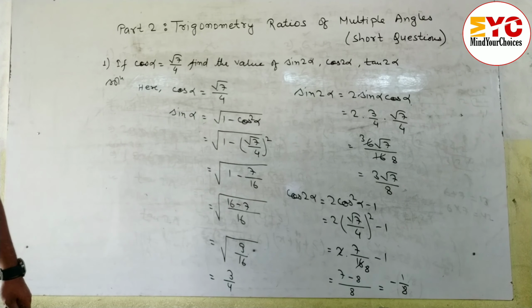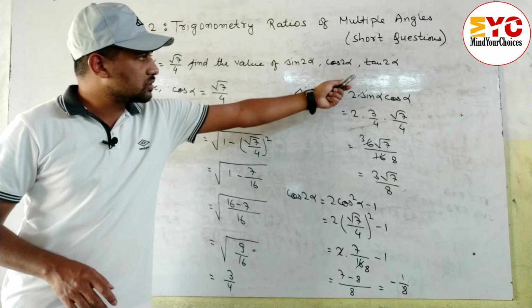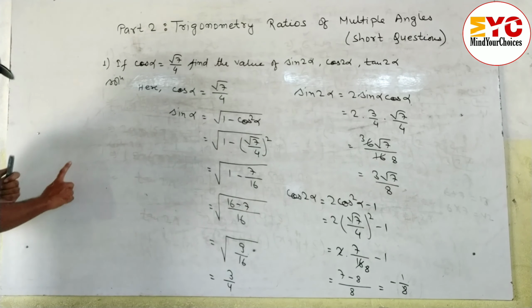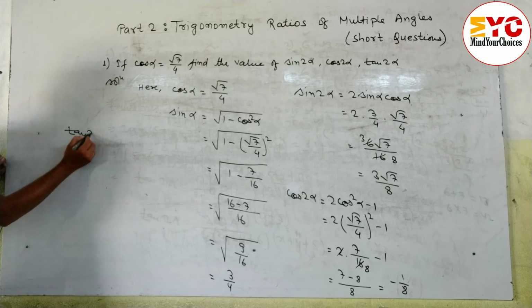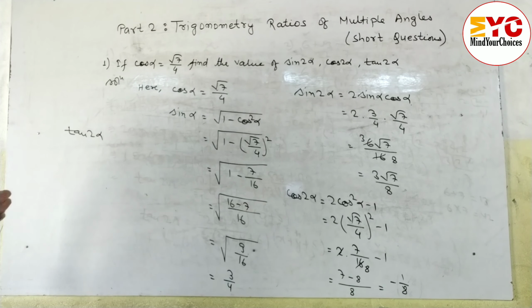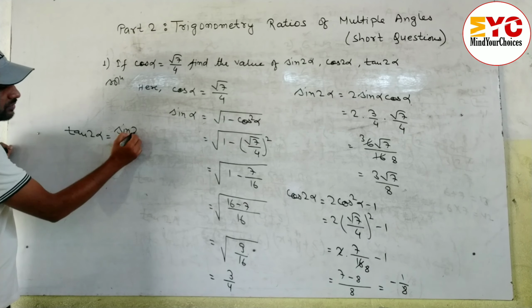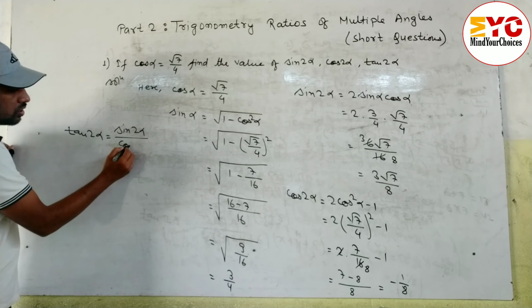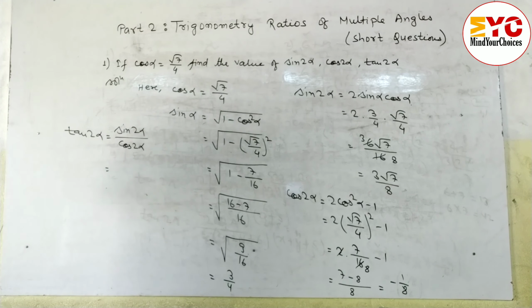Similarly, we have to find out the value of tan 2 alpha also. Now I'm going to do tan 2 alpha. Look here, tan 2 alpha, what I told you before, is sin 2 alpha by cos 2 alpha. You can use the formula sin 2 alpha by cos 2 alpha.